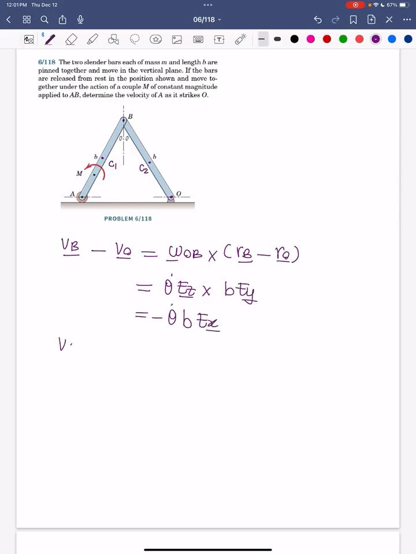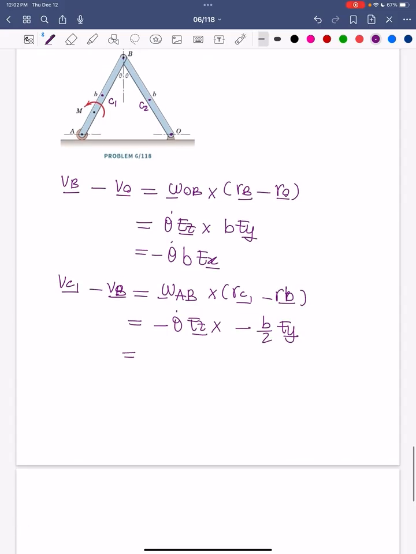And then I can calculate VC1 minus VB is omega AB cross RC1 minus RB, which is minus theta dot EZ cross RC1 minus RB, which is minus B over 2 EY at instant 2 when everything is vertical.